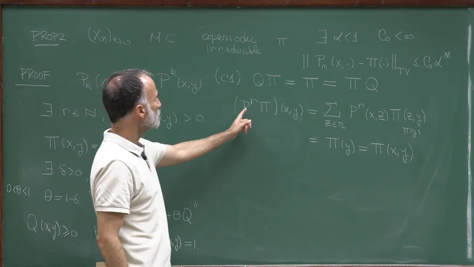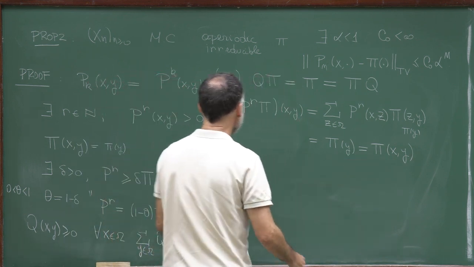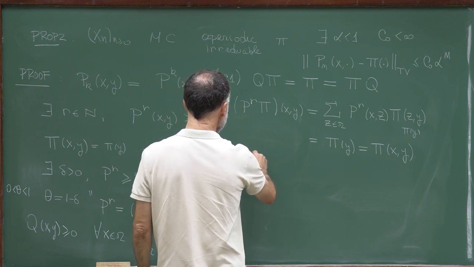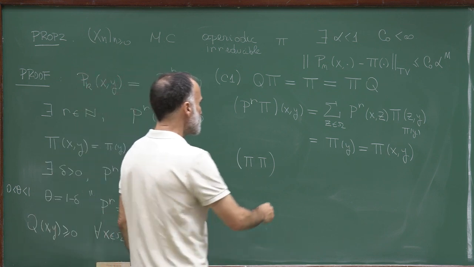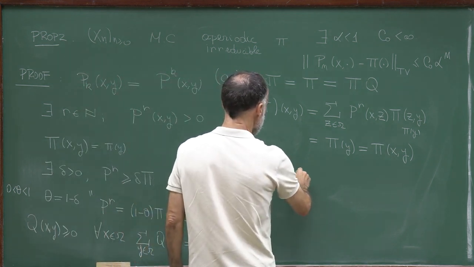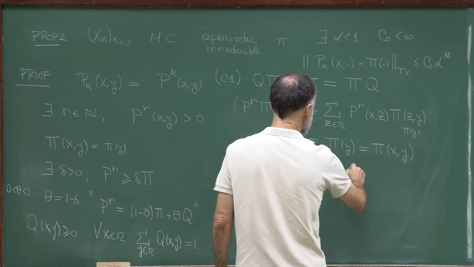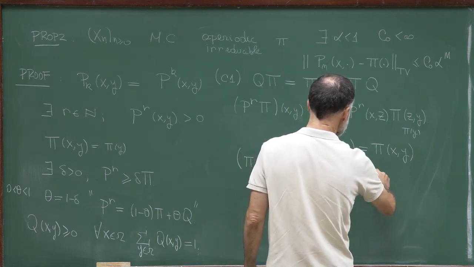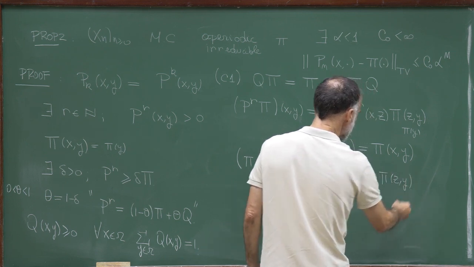So we see that the product of P^r with pi is equal to pi. And the same thing will tell us that the product of pi with pi is equal to pi. So let's compute that. So this is a sum over z of pi(x,z) pi(z,y).